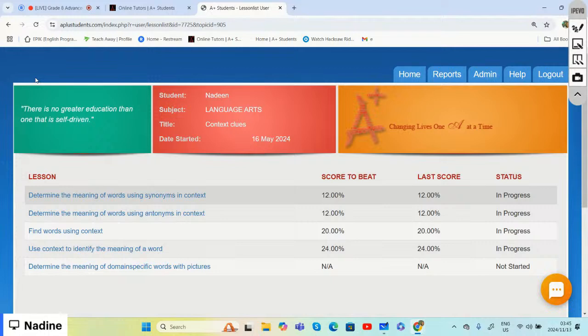Words in context, then you may either use the synonyms as a context clue to find words that are more similar or almost the same as what that word means within the text in order to find the meaning of that word. Or you may use antonyms, right, as context clues in order to determine the opposite meaning of that word in order to make it much easier for you to also understand what the meaning of the word is.